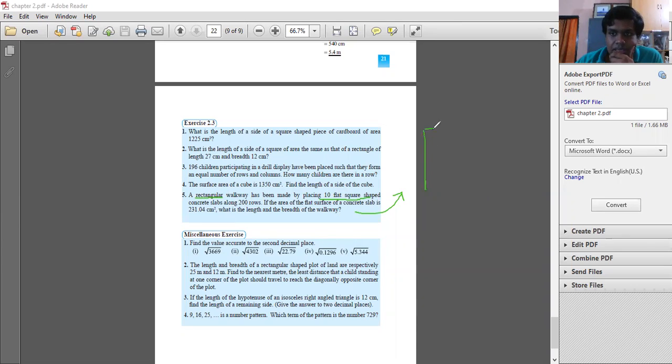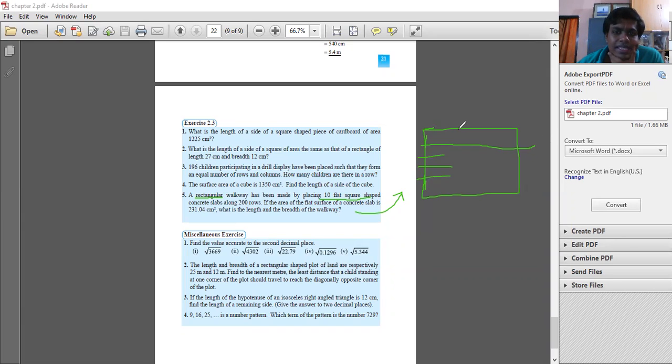Okay, so just draw the image, draw the concept, draw the mind map kind of thing. 200 rows are there, and in that, 10 flat square shaped slabs.